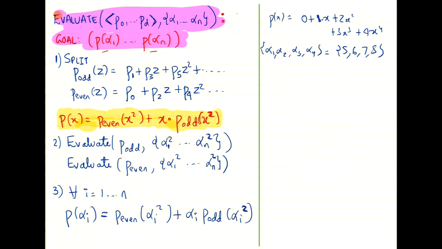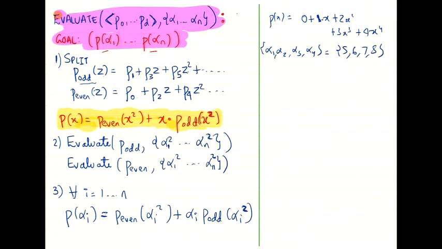And we devised a recursive divide and conquer strategy to do this. Okay? How did we do it? Well, we put all the odd degree coefficients into a polynomial p odd. So p odd has only the odd degree coefficients. So essentially you have a vector. Take every alternate coefficient, put them in one vector.